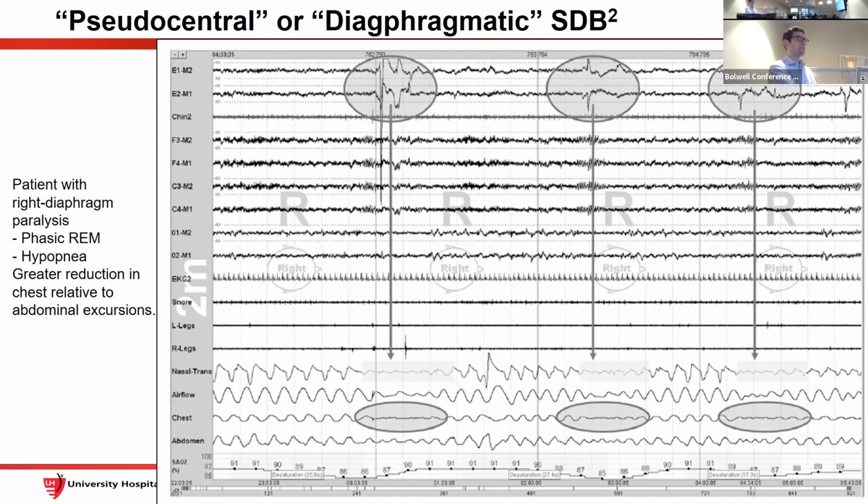You swallow a balloon to the stomach, and another to your mid-esophagus, and look at the difference between the two. If you take a breath and there's no difference, the chest wall pressure as you breathe in is transmitted directly to the abdomen. That's not diaphragmatic paralysis, and that's the only way to really do it.